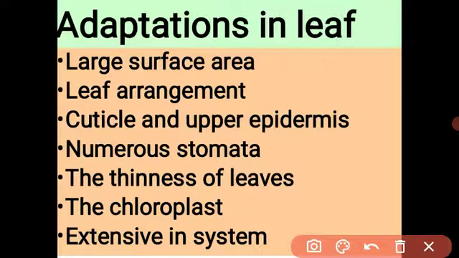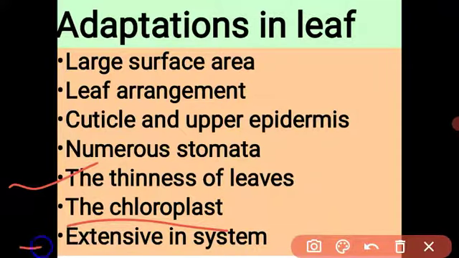Got it? Next is the thinness of the leaf. If the leaf is very thin, the distance between cells is reduced to facilitate rapid transportation. If the leaf is thin, child, light is transported faster and photosynthesis will be greater. Chloroplast. Next adaptation, a large number of chloroplasts are present in the mesophyll cells, the upper layer of the leaf. Why? Because they obtain a large amount of light energy.